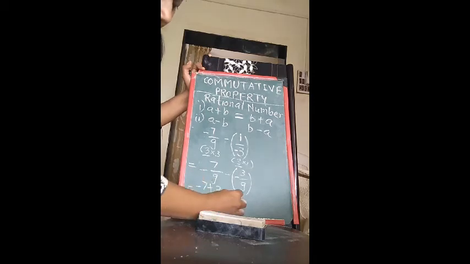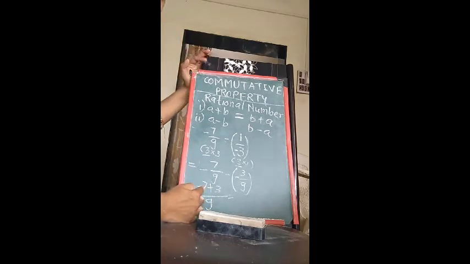Answer is, what is the answer? Minus 7 plus 3. Here both the signs are different, so we are going to subtract the numbers. Whenever there are two different signs, we are going to subtract the numbers, that you have to keep in mind. So abhi 7 minus 3. Just forget about the signs.